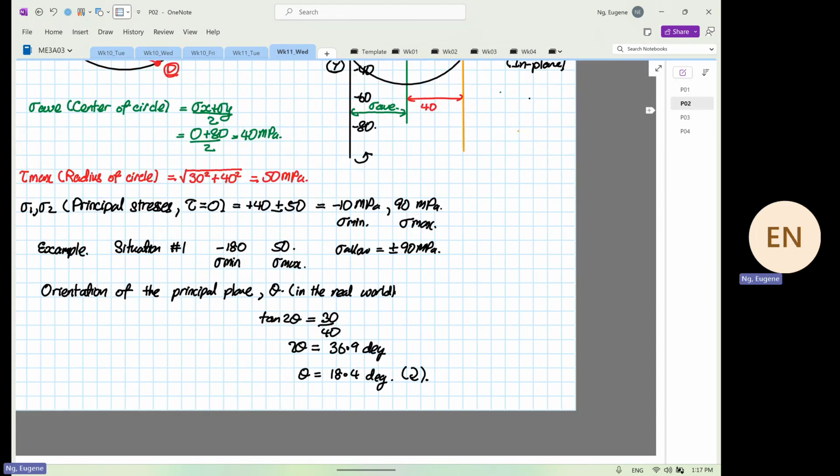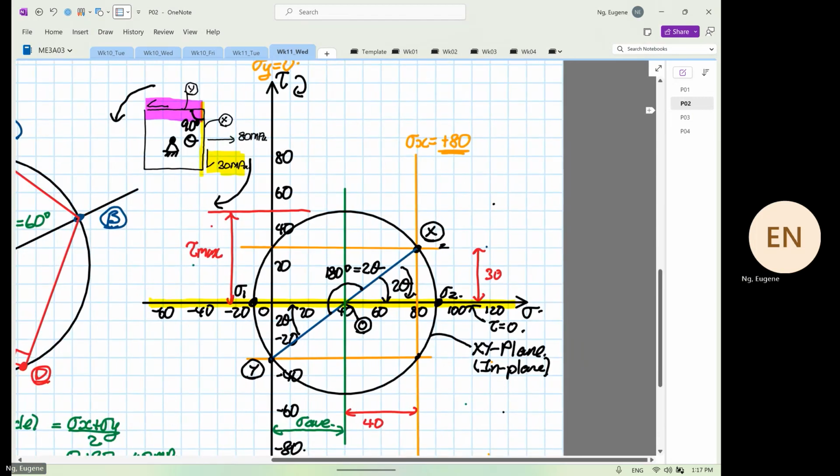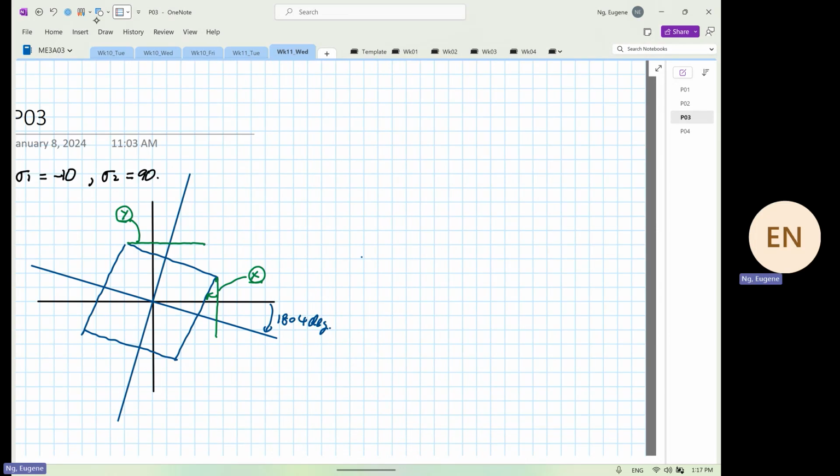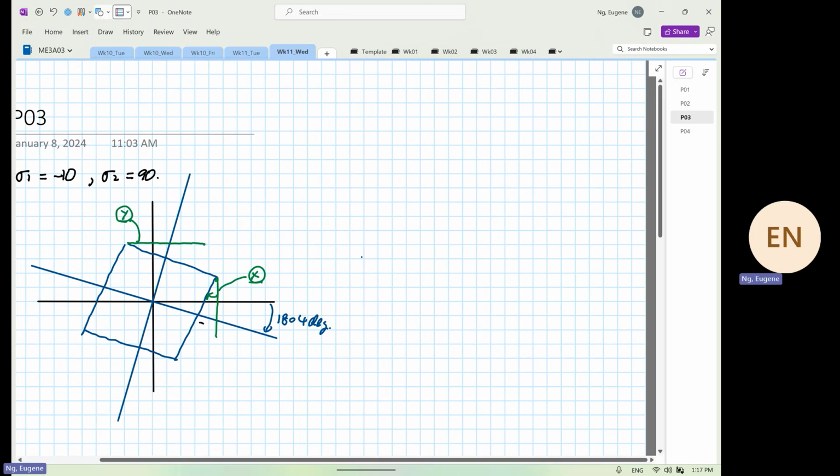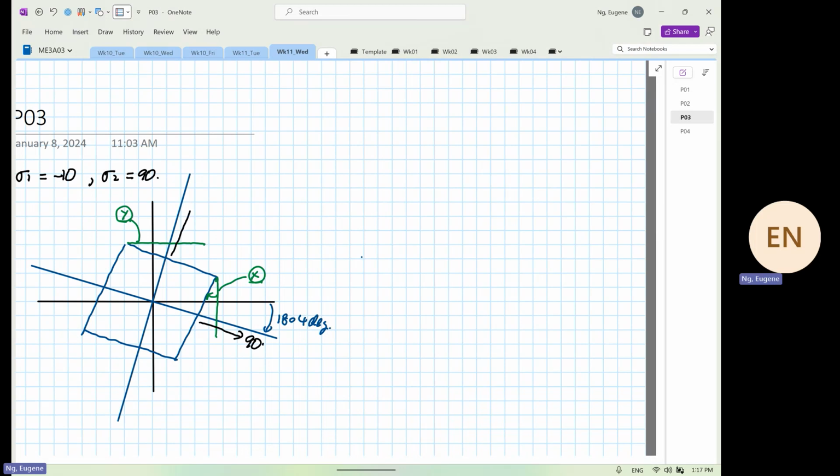So you go back to your Mohr circle. You look at point X, it rotates by 2 theta, and this is in tension, 90. So you draw this going through tension, and this is your 90. And on the other side, same thing, it is in compression. This is minus 10, or you can just put 10 megapascal.